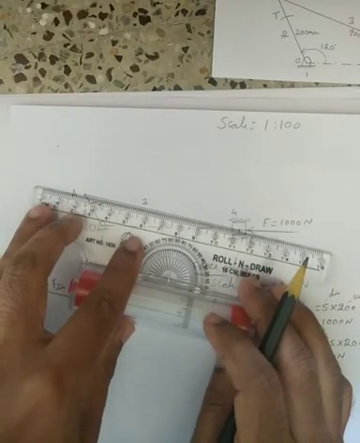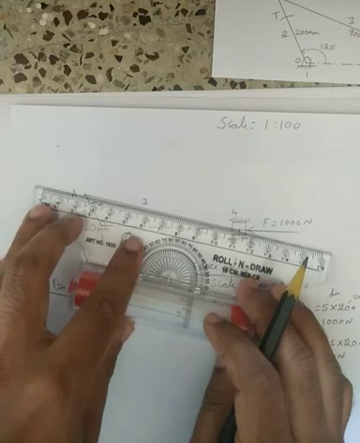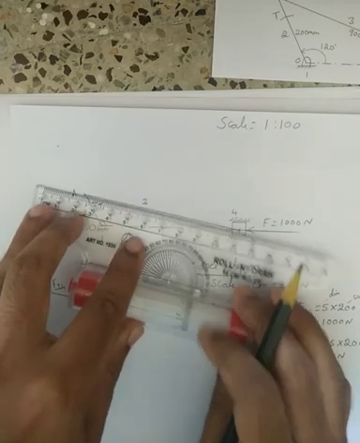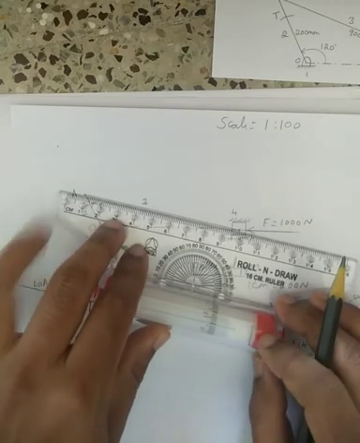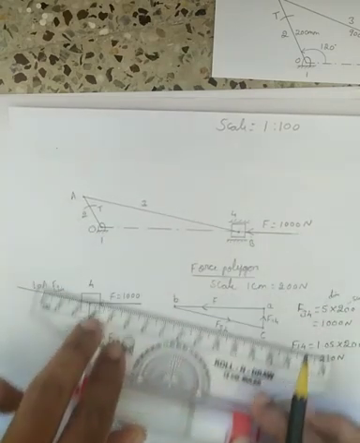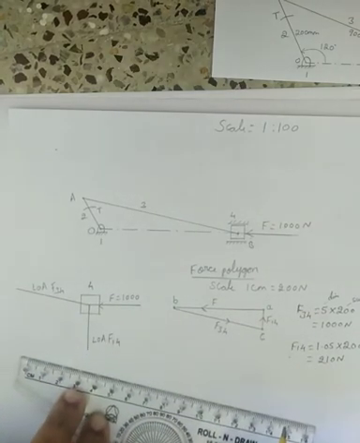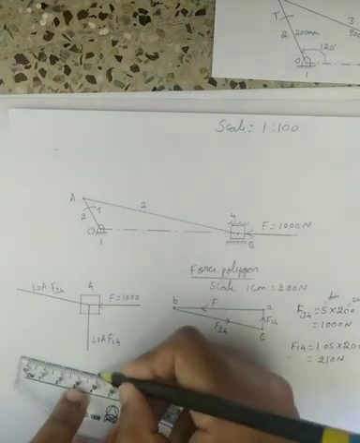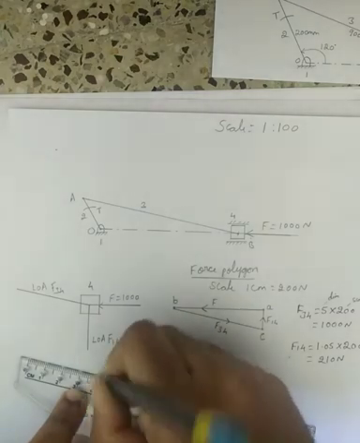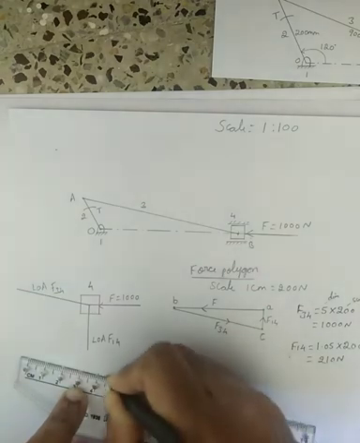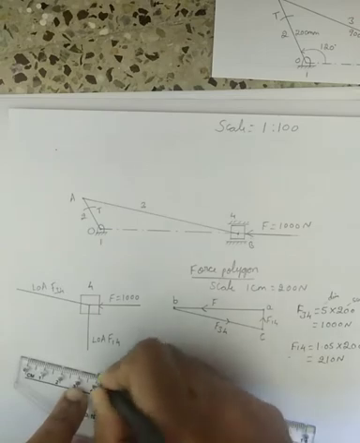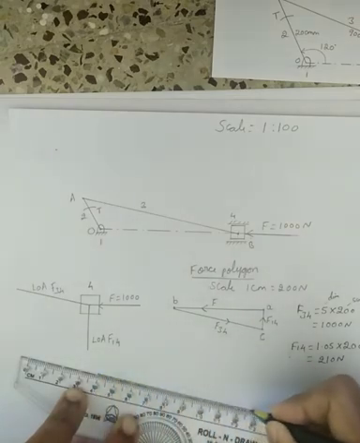Whatever the angle in which the link 3 is there, based upon the same angle only you have to draw the link 3. I'm using the roller scale. How much length? It is 9 mm. You can mark from any point, 4 to 9 means up to 13. So 9 mm line I'm drawing.